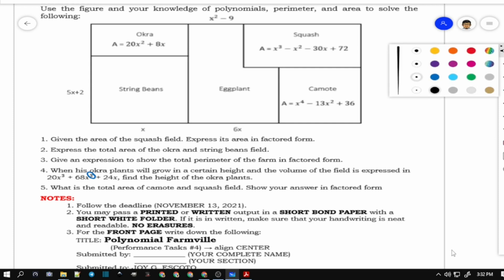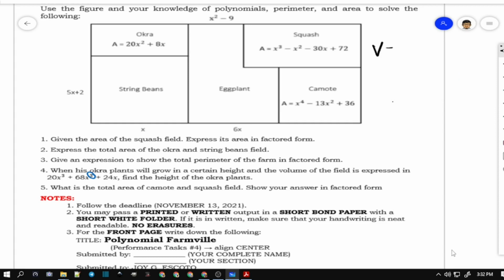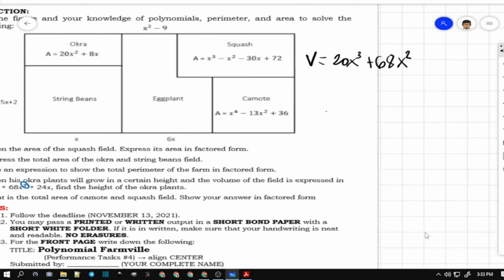Correction, this is 60x squared. Okay? So, for the okra plots, sabi niya, the volume is 20x cubed plus 60x squared plus 24x. So, paano mo kukunin yung height?